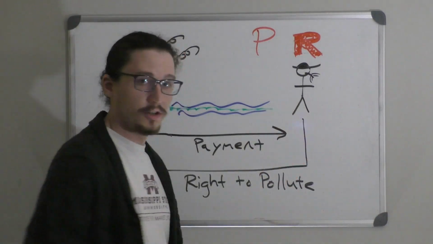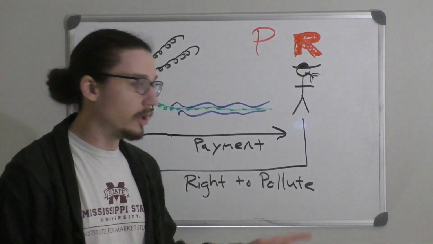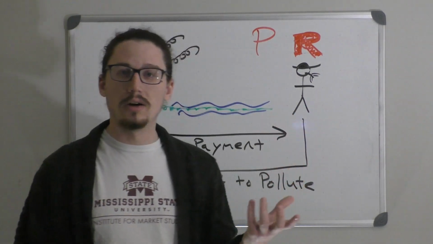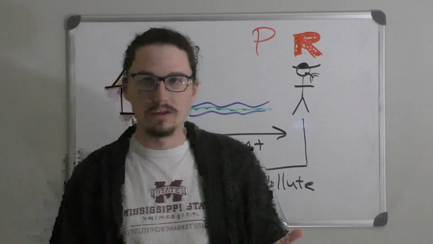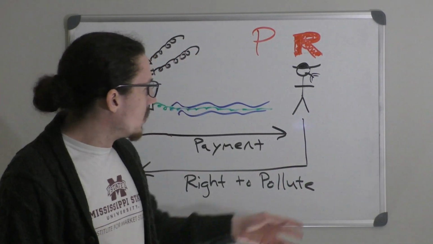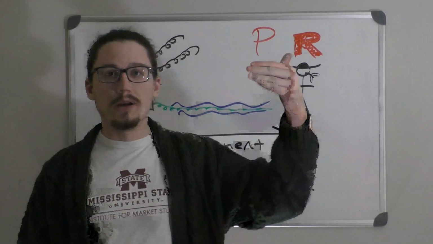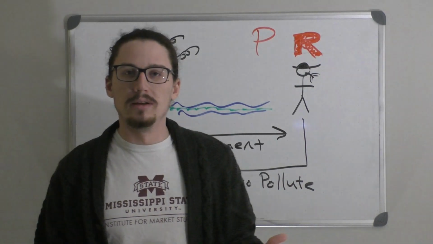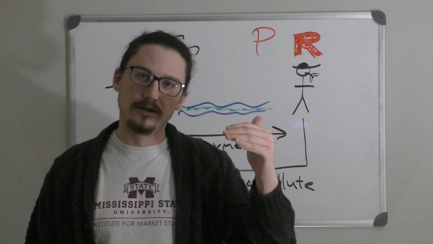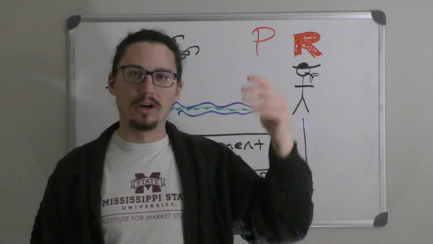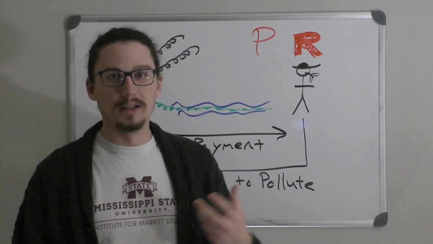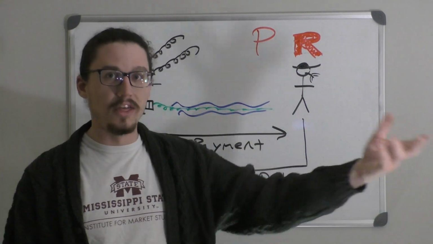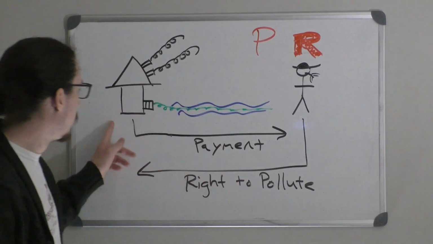Because in that case, if the first unit of pollution only damages the farmer's crops for $100 worth of damage, then at $100 the farmer would be indifferent, and above $100 the farmer would likely allow that one unit of pollution.